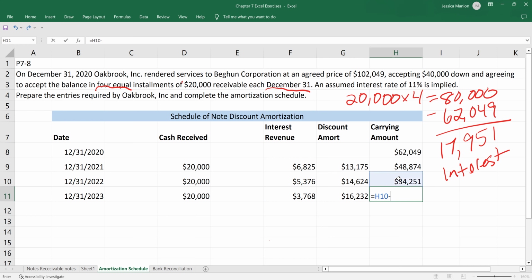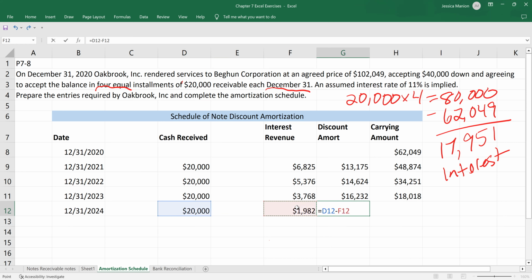18,018. So finally, our fourth payment that they're making to us, December 31, 2024, they make another payment, 20,000. Interest revenue, again, is based on that carrying amount, so the carrying amount times 0.11. Discount amortized is the difference between the cash we received for their payment minus the interest revenue.